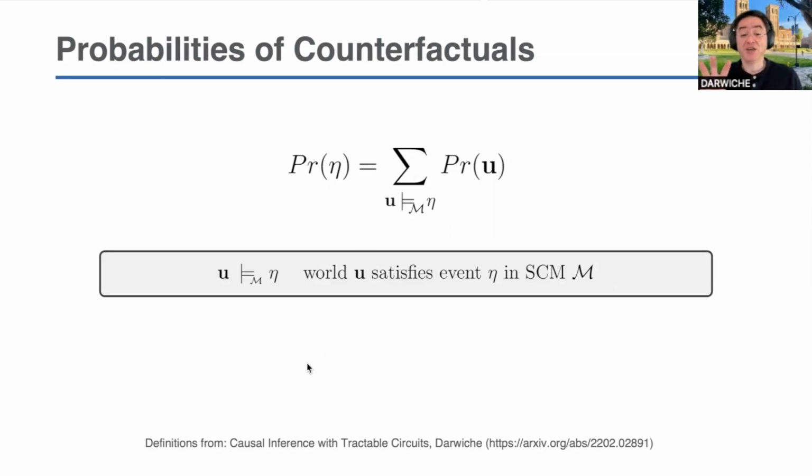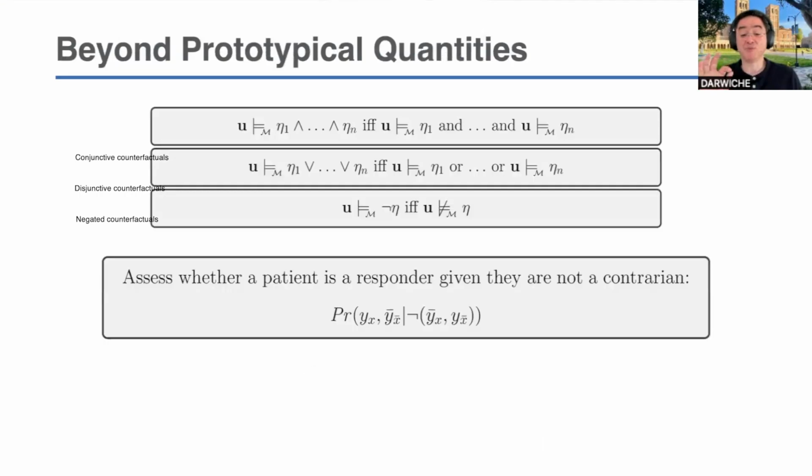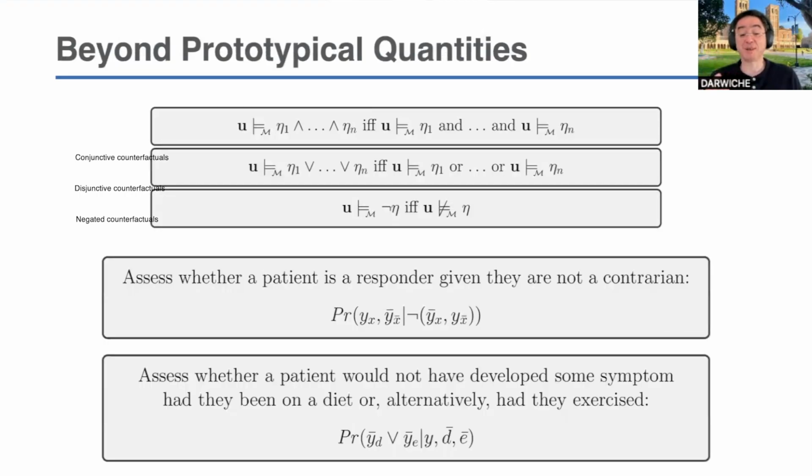Now, you can generalize this a little bit more. You can do things like this now. You will not see these in the literature, by the way, and there is a reason for that. So look at this expression, how powerful it is. What is the probability that a patient is a responder to medicine, given that they are not a contrarian?